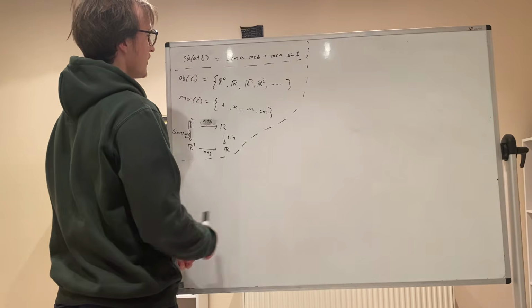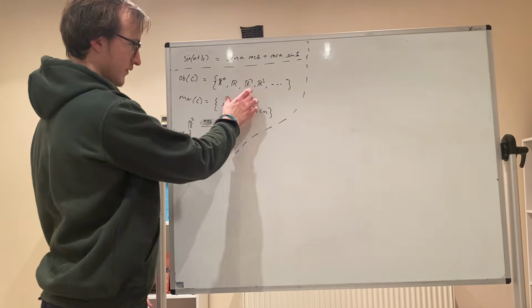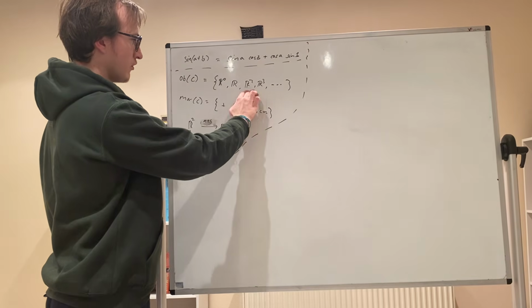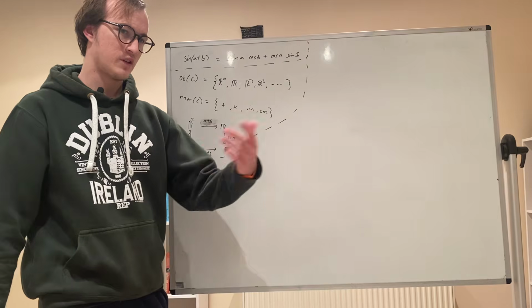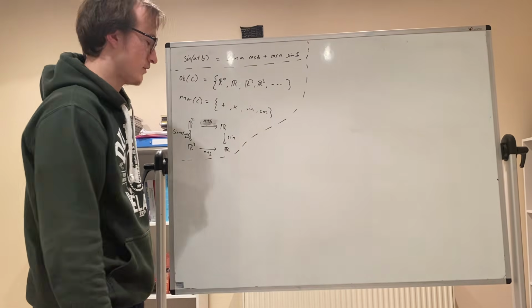Now, in this category, we have a very natural monoidal structure given by, again, doing the Cartesian product, because if you do R2 cross R3, you get something isomorphic to R5, for example.